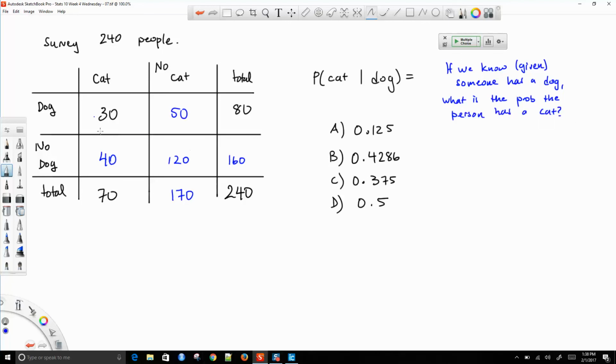As soon as we have given dog, we are limiting ourselves just to these 80 people, okay?